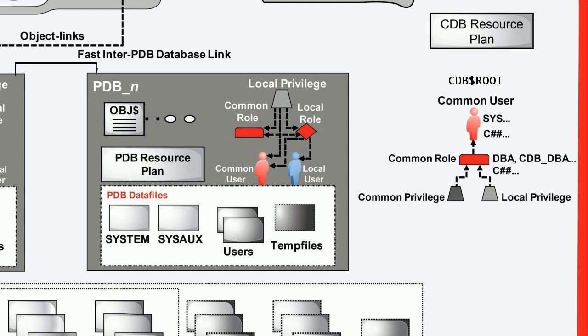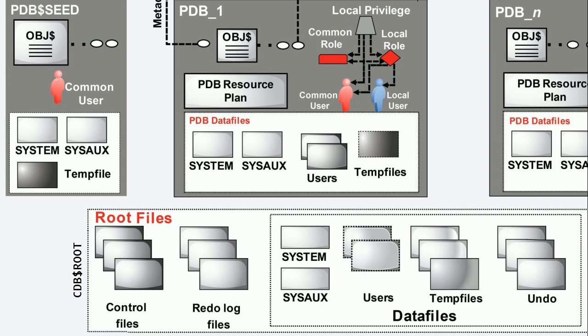We have discussed about common users, local users, common roles, and local roles. We have also created all these various users and roles. We have also discussed about root files and PDB data files.